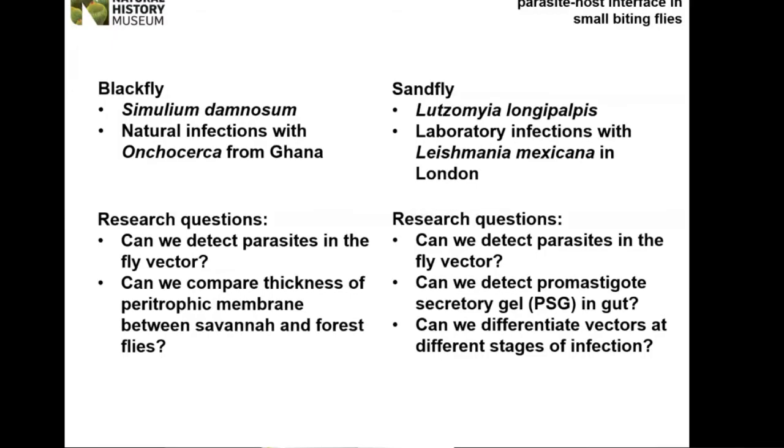Okay, so going back to our research questions, were we able to answer them? With the simulium, we were able to detect parasites for sure in the vector and able to compare the thicknesses of the peritrophic membrane. The sandfly, we couldn't detect the parasites, but we could certainly detect the gel and differentiate vectors at different stages of infection.